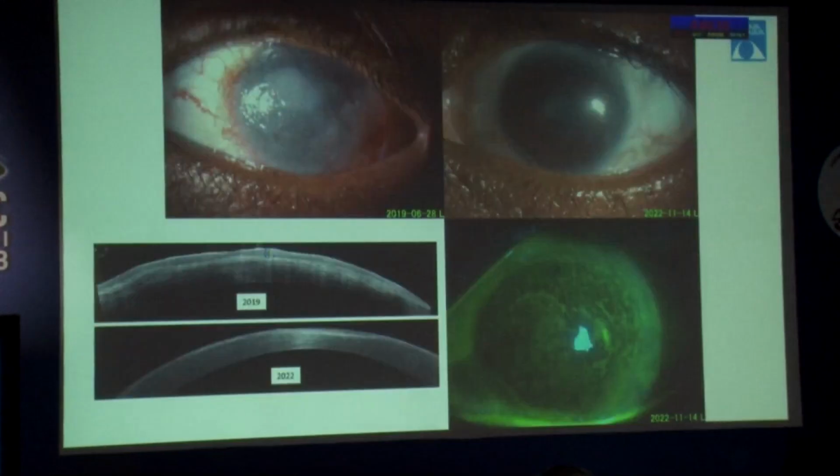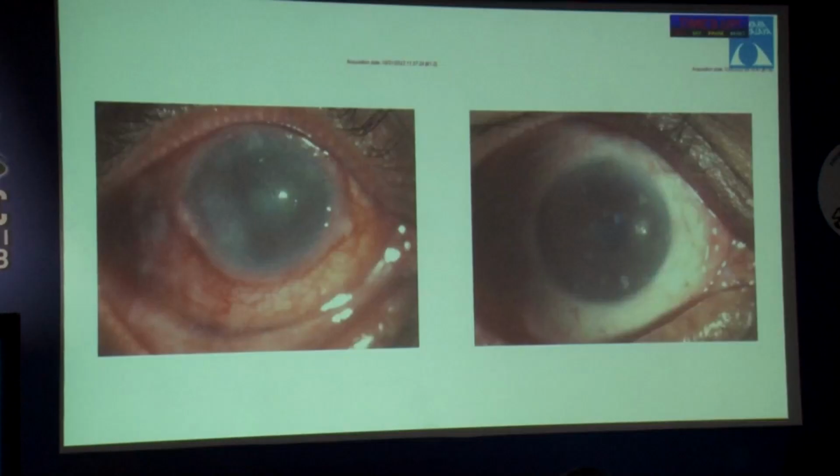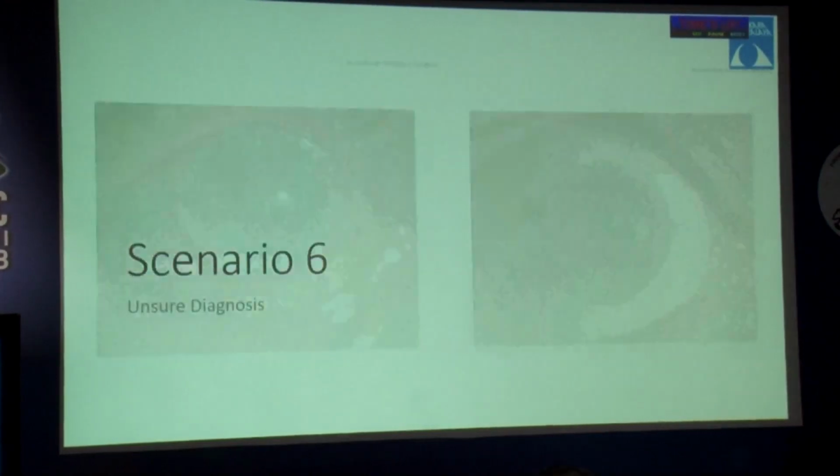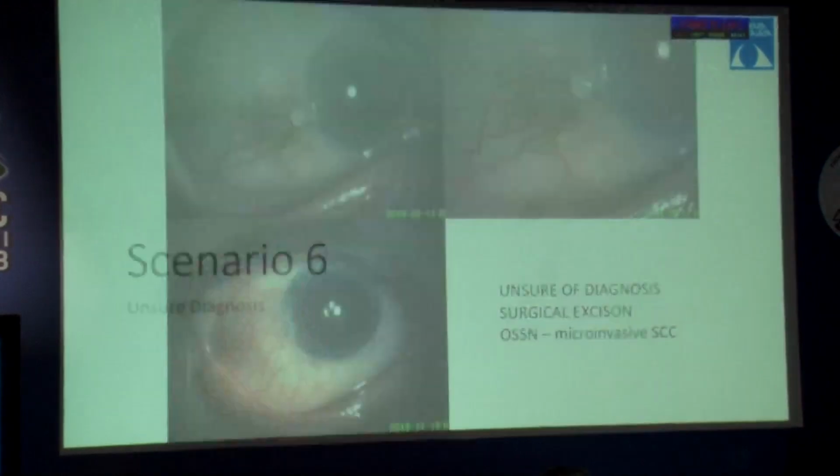Scenario 5 is the use of alloslet in patients with very large lesions, and this definitely has a role to reduce the risk of limbal stem cell deficiency as well as the severity of symblepharon that you can see in these patients. Scenario 6, which is especially very important, is when you are unsure of the diagnosis.